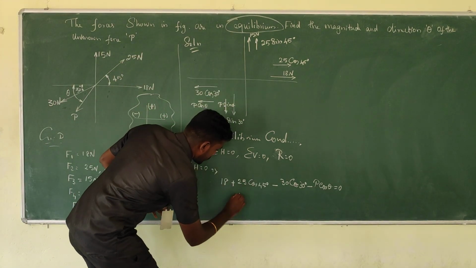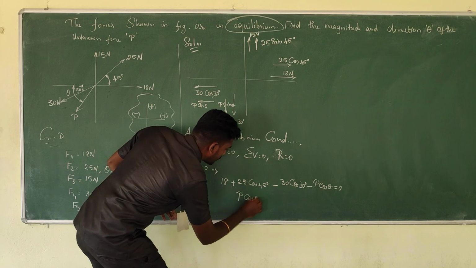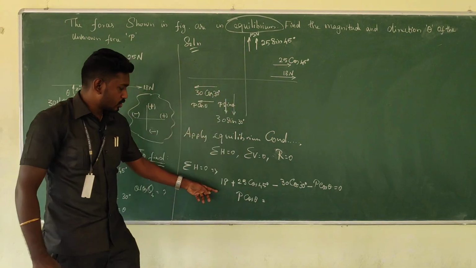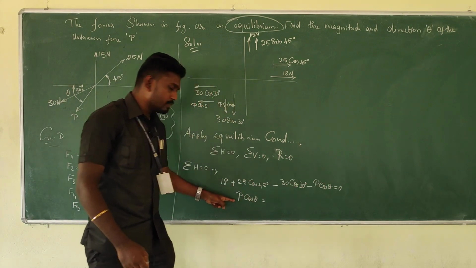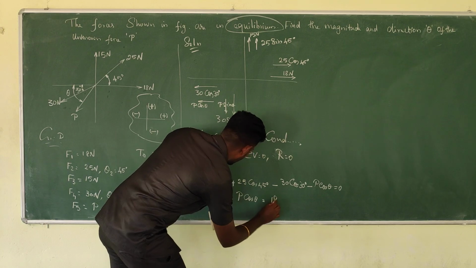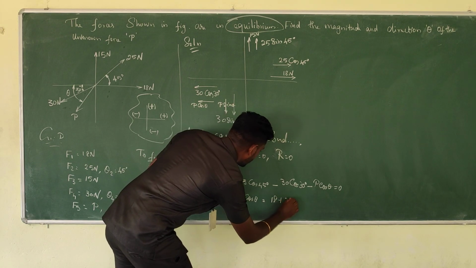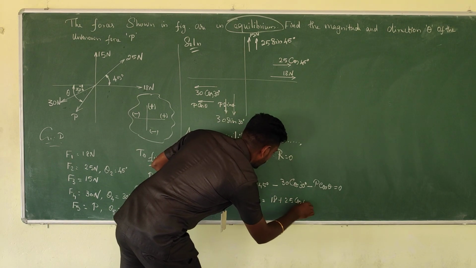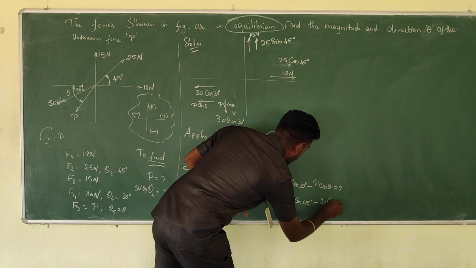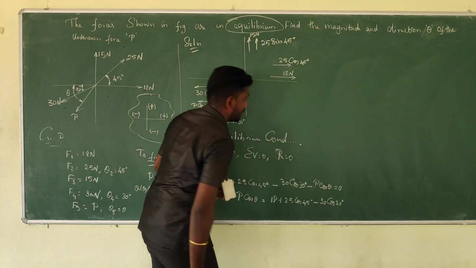I am going to take P cos theta to the other side, so that the minus P cos theta becomes plus P cos theta, and the equation will be 18 plus 25 cos 45 degree minus 30 cos 30 degree.